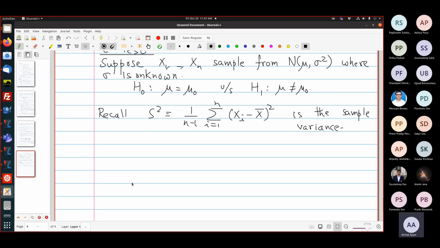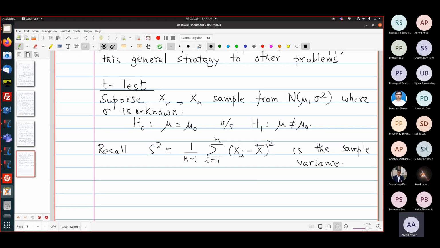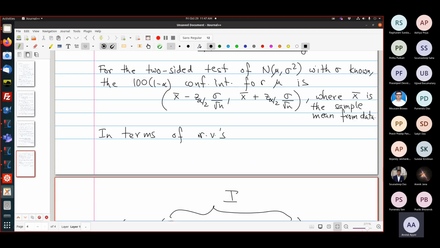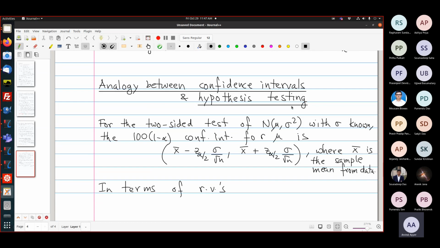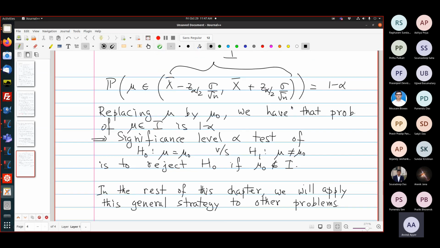Okay. So now recall that we had replaced sigma by s in this quantity, so square root of n by s times x bar minus mu naught. That's what we had constructed.